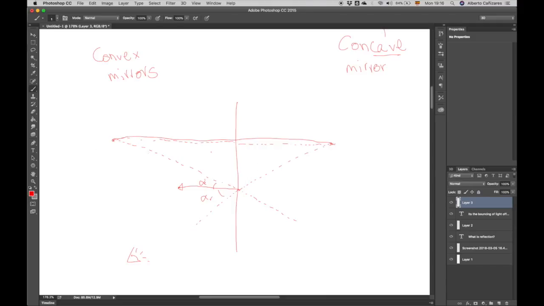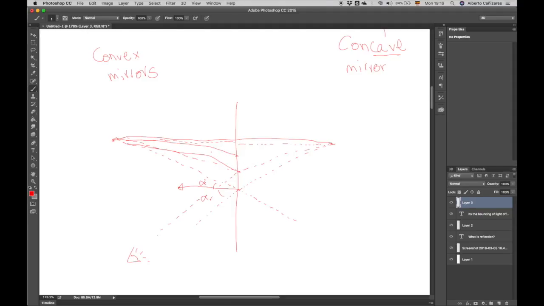It doesn't think it's bouncing. It just thinks it's coming from this point. And then the light that comes in from here again bounces back out at the same angle. You'll see it back in your eye, and it thinks it comes from this point, right? And light that comes in from here, I'm going to make these lines actually full lines.